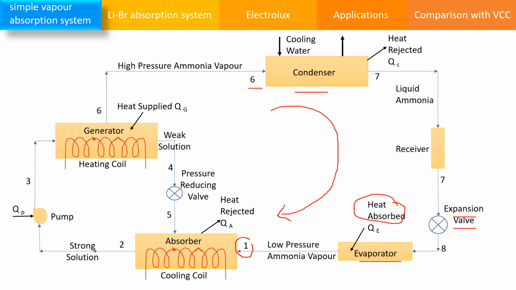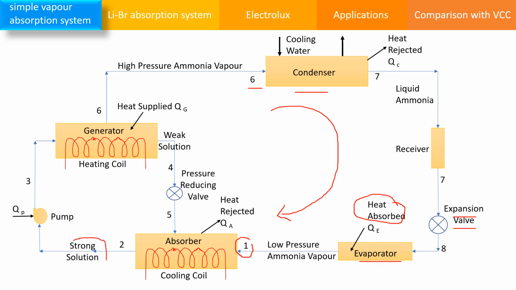So the solubility of ammonia increases and hence the maximum possible amount of ammonia is dissolved in the cold water in the absorber. So the weak solution, with less ammonia in the water, is converted to the strong solution, meaning the maximum possible ammonia is dissolved in the water.